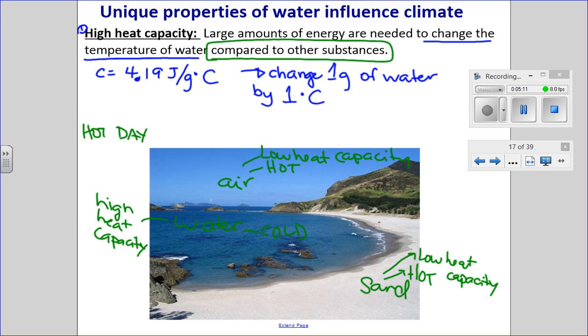So what does this mean for us when we're talking about climate? It means that water stores heat. Because water absorbs so much energy to change its temperature, water has a lot of energy to give. And we've already briefly mentioned it, but what we'll talk about today is that places that are closer to water have this effect of water providing a bit of heat to them.